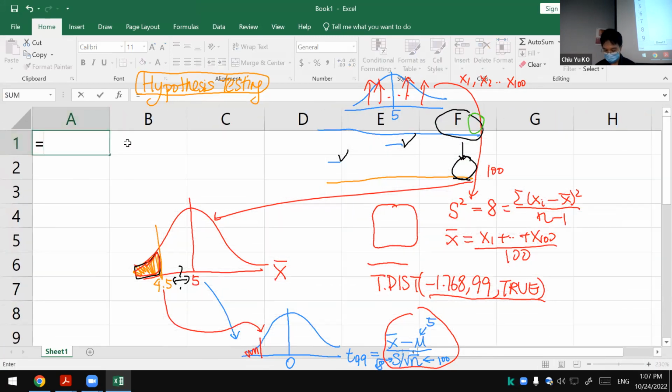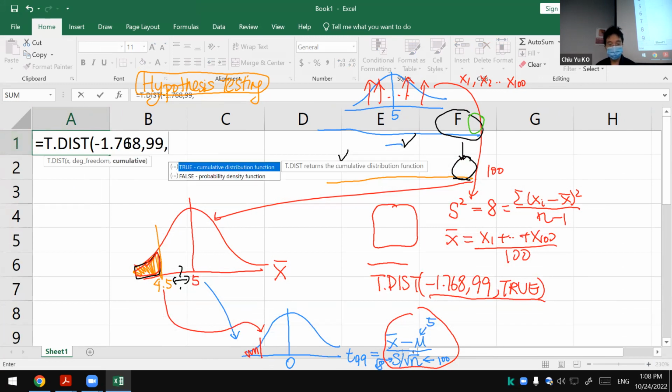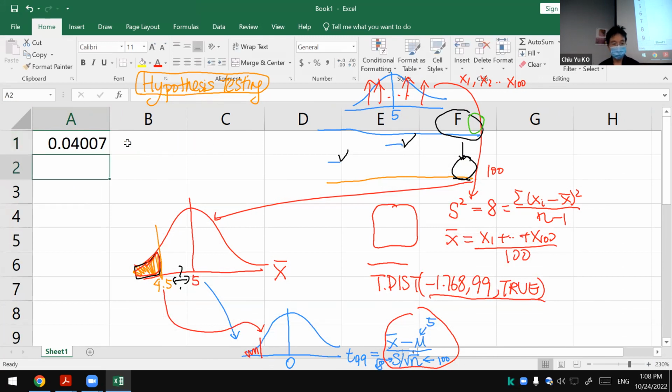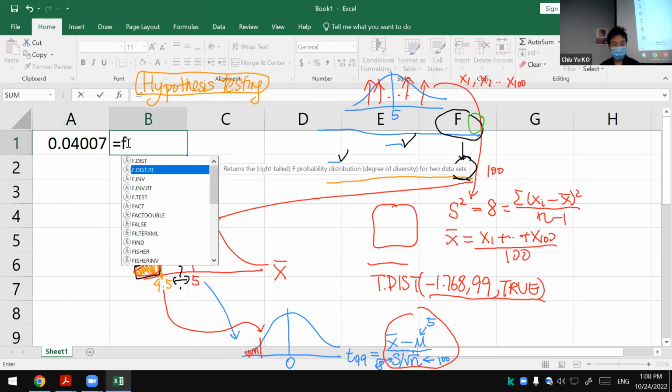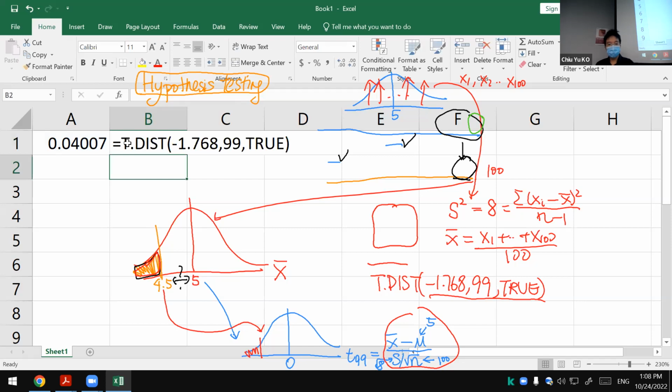T.DIST, negative 1.768, then 99, then TRUE. 99 comes from the fact that it's n minus 1, so it's 100 samples minus 1. So this is the formula, as I have said. So this area is very small.